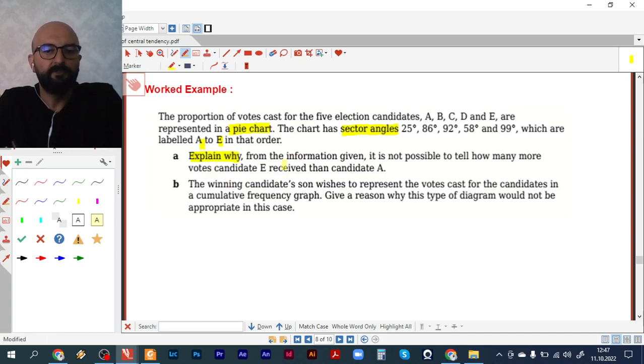Explain why, from the information given, it's not possible to tell how many more votes candidate E received than candidate A. Because if you pay attention, they give us only sector angles, they didn't give us the number of votes cast for the election candidates.